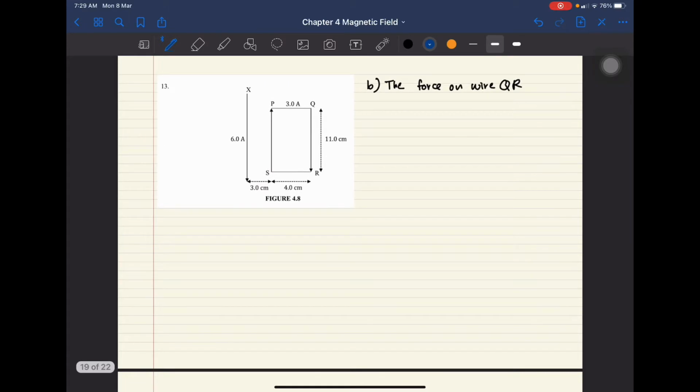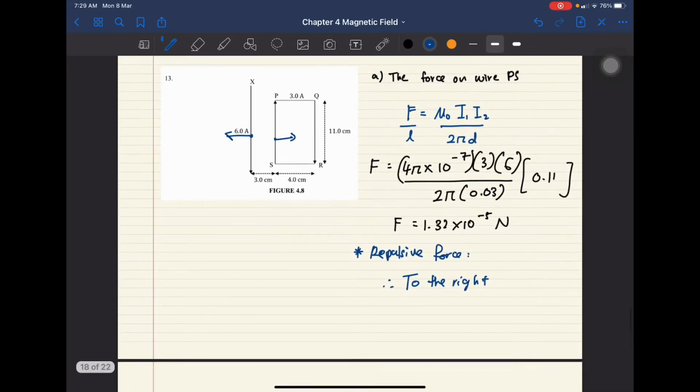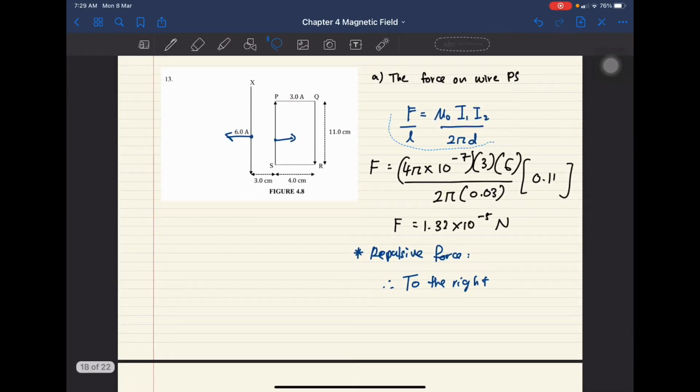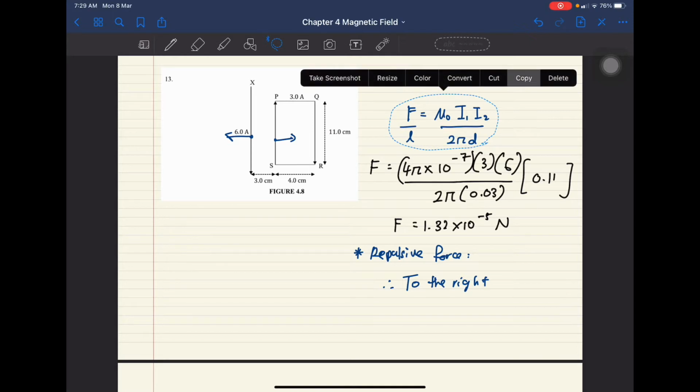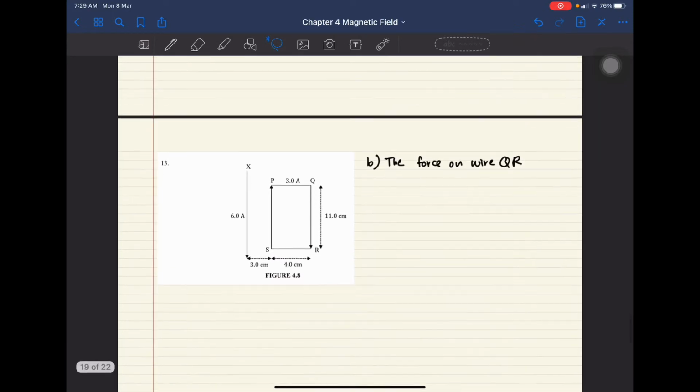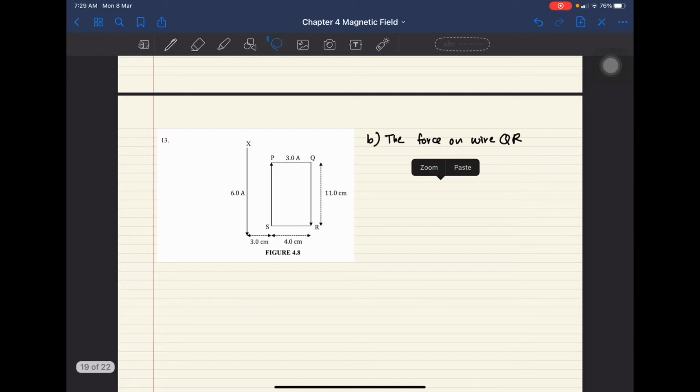If you want to find the force on wire QR, again you can use the same formula. So I'm just going to copy this one and bring it down there. Again, we want to find the force.